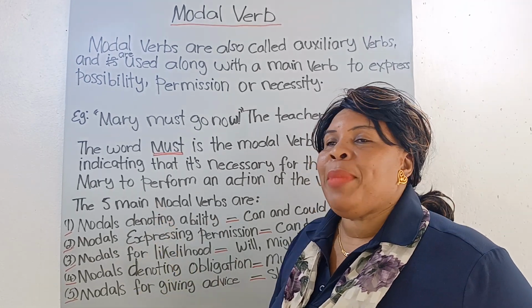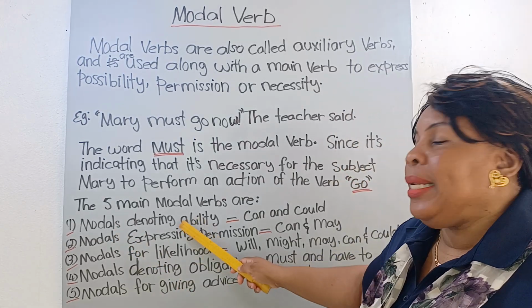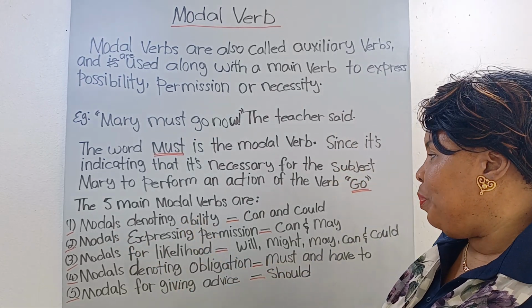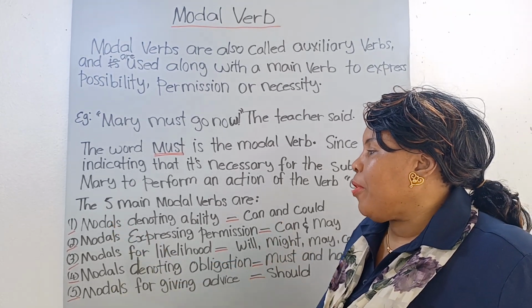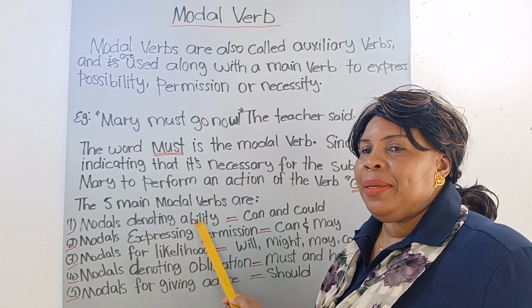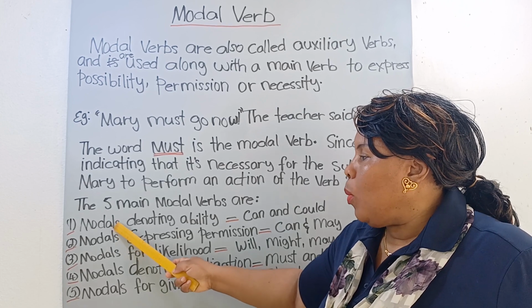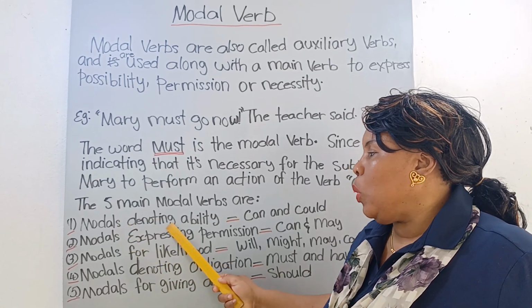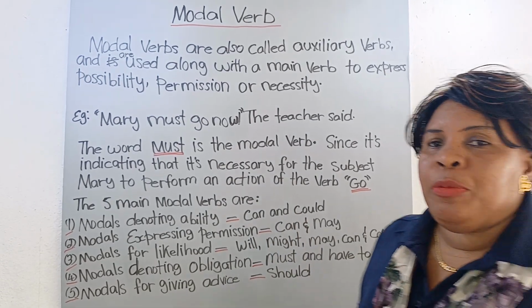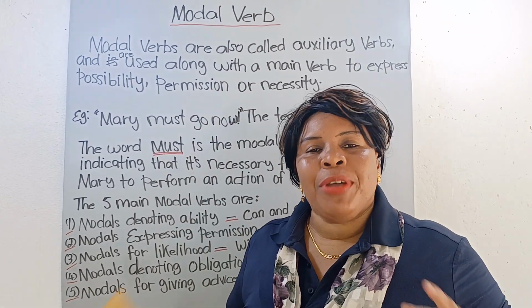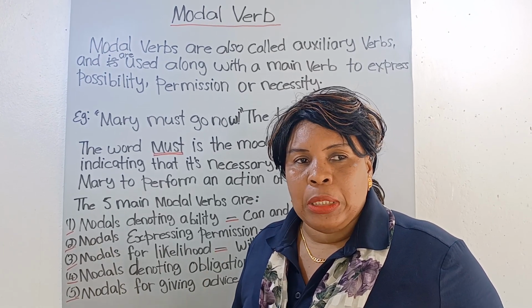The main modal verbs are, first, modal verbs denoting ability: can and could. Denoting means to show. So modals denoting ability are can and could. First, before I go any further, there are different types of modals.